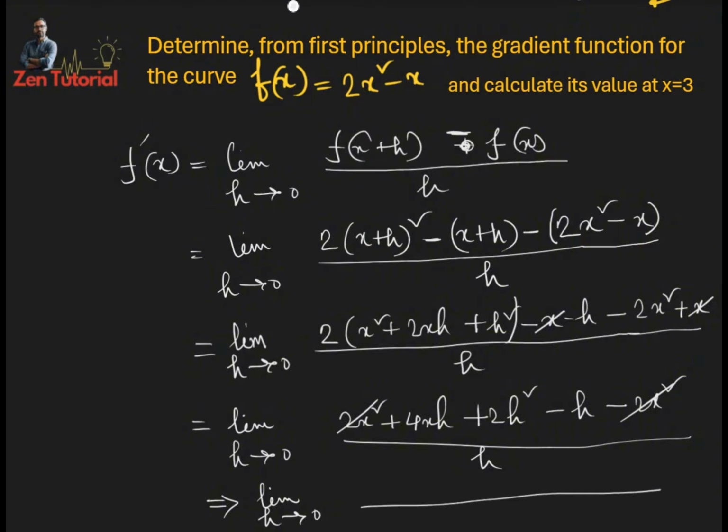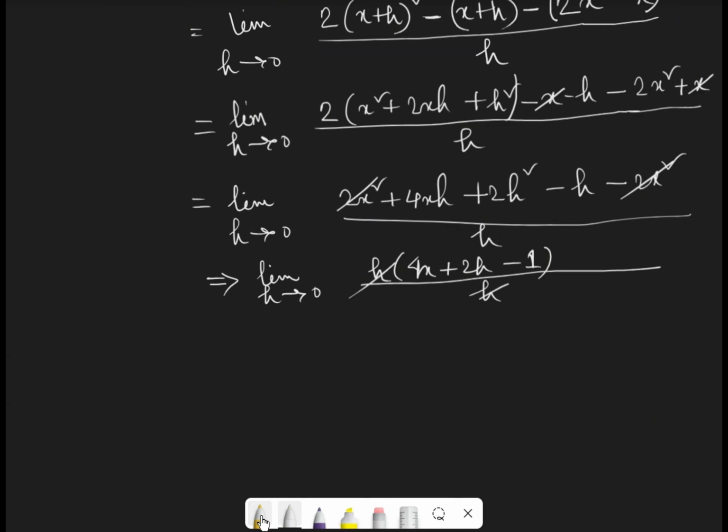Here if we take h as a common term, this will be 4x plus 2h minus 1 over h. So this h cancels out. Okay, let's use a different pen.